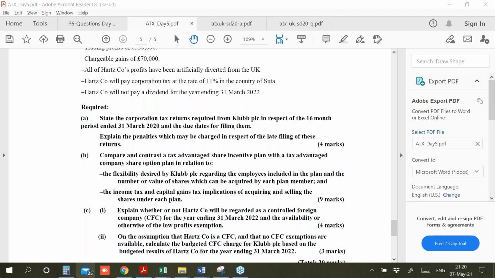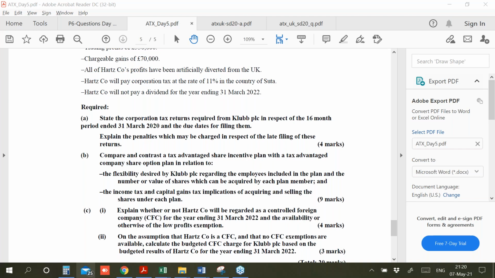The flexibility desired by Club PLC. So we'll be telling which one is more flexible, and Club PLC will tell us in the question what kind of flexibility they are talking about. Regarding the employees included in the plan and the number or value of shares which can be acquired by each plan member.